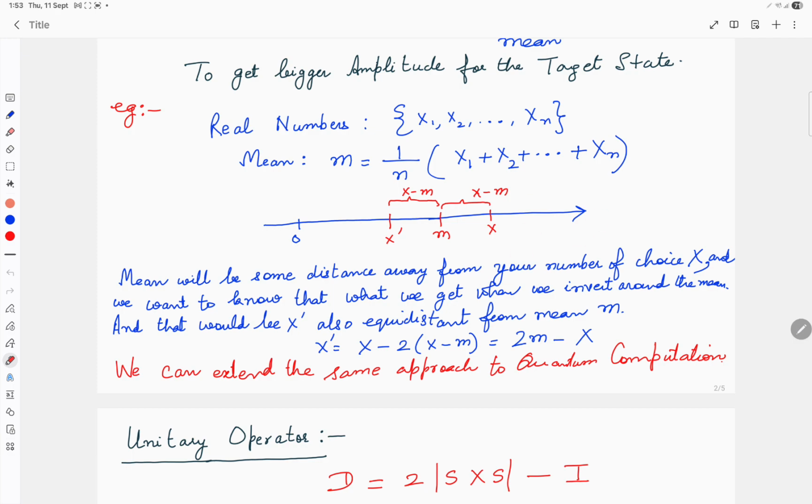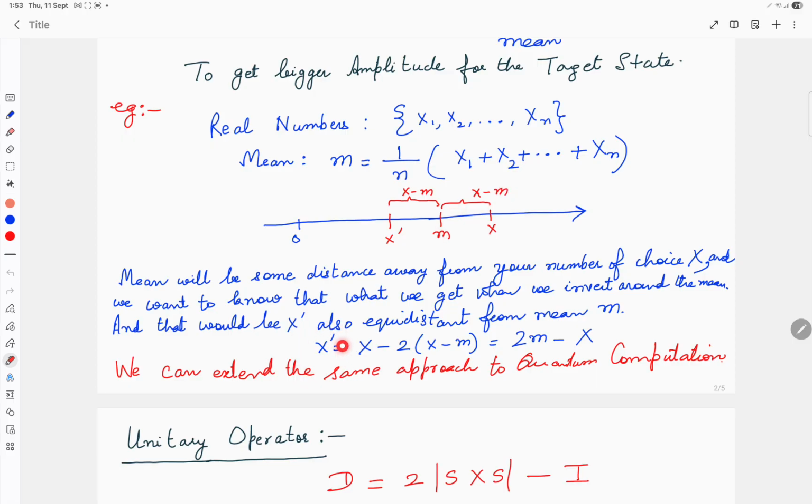When we do the inversion around the mean, we reach x dash, which is also equidistant from m. That means x dash minus m is the distance of x dash from m, and x is a point x minus m away from the mean.